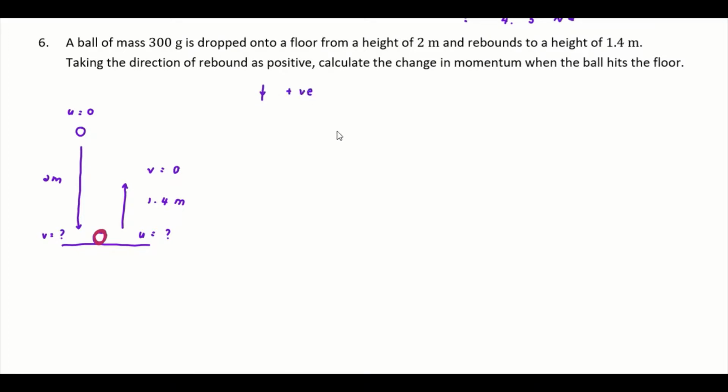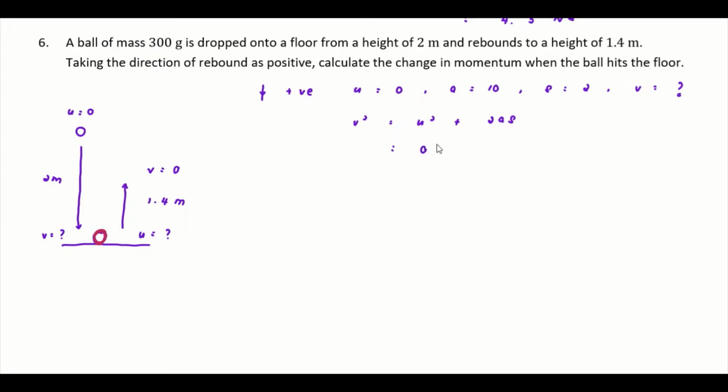So that's easier. So u is 0. We know that the acceleration is the gravitational acceleration, so that's going to be 10, and the displacement is 2 meters, and we want to find the final velocity. So v squared equals u squared plus 2as.